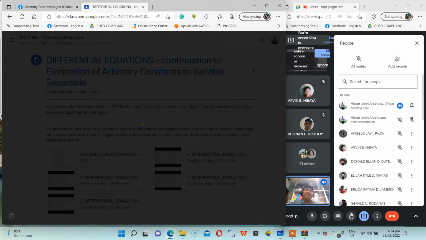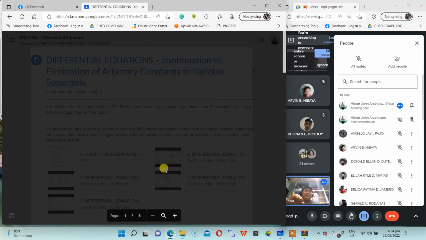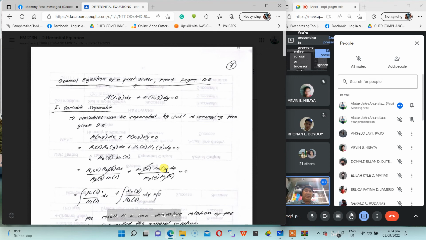That's the first method, variable separable. The integration is not actually in my subject, it's in the previous subject. That's the reason why this subject needs the knowledge from your previous subjects.